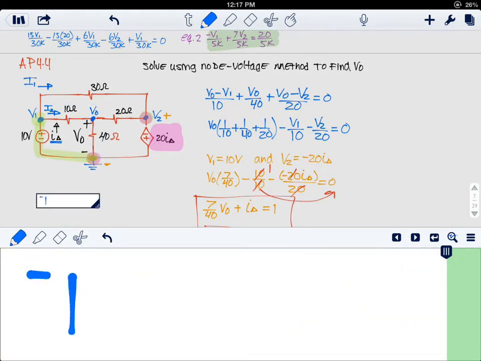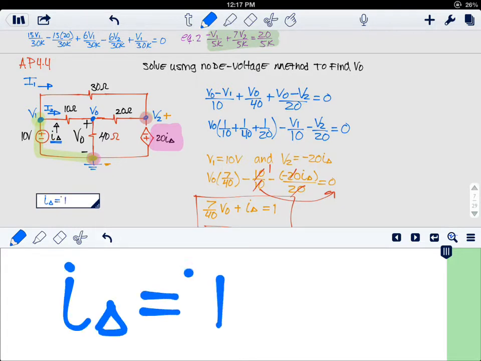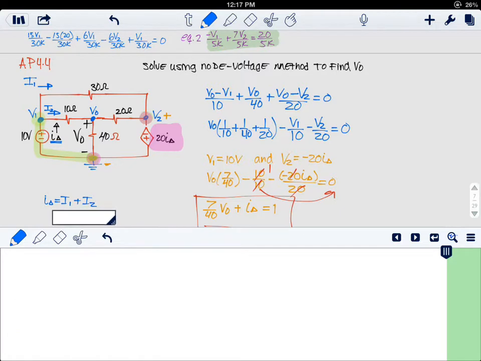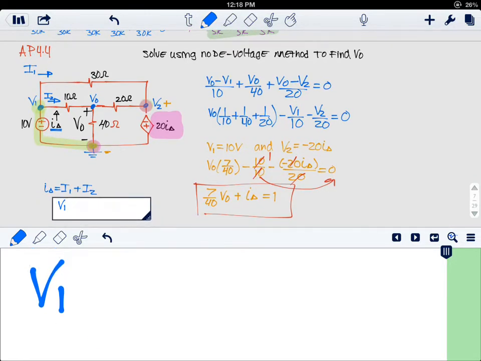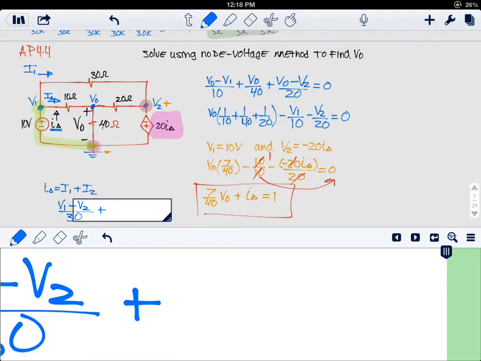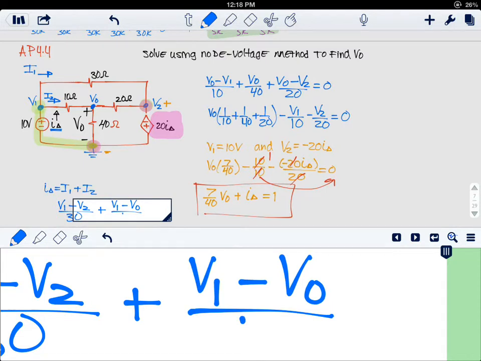So I delta equals I1 plus I2. I1 is (V1 minus V2) over 30, and I2 is (V1 minus VO) over 10.